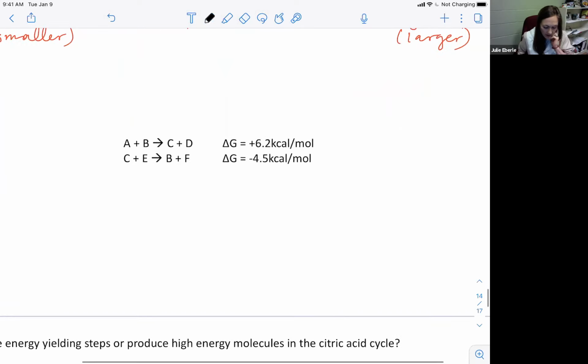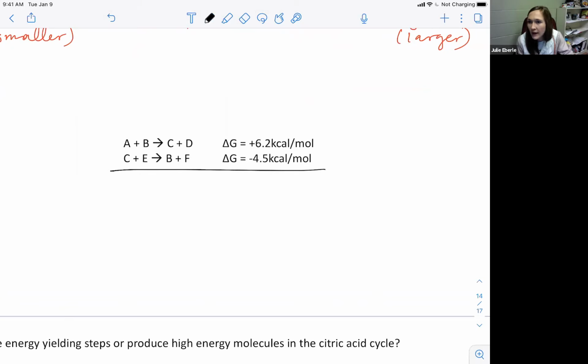I actually have an example of two reactions right here. What if we coupled these reactions? I want you to tell me what the final overall reaction would be. Calculate the delta G, and then tell me, is this favorable? Would the exergonic reaction here be able to power the endergonic reaction?